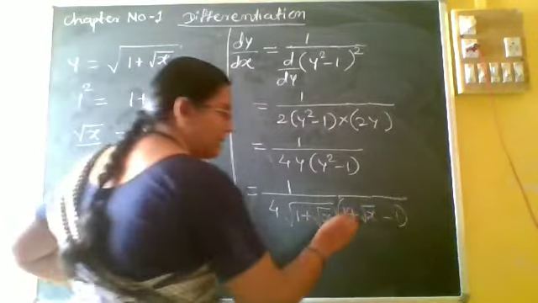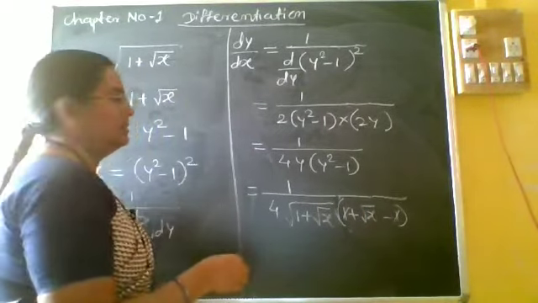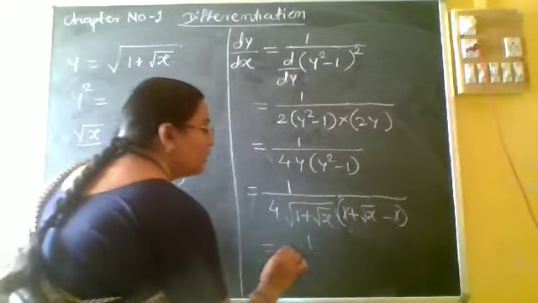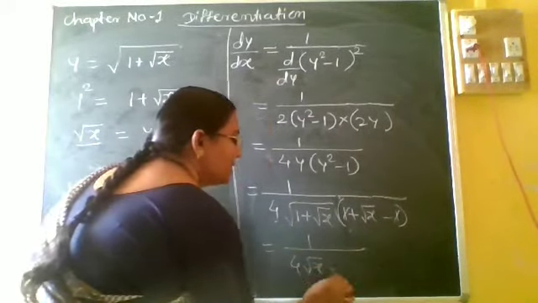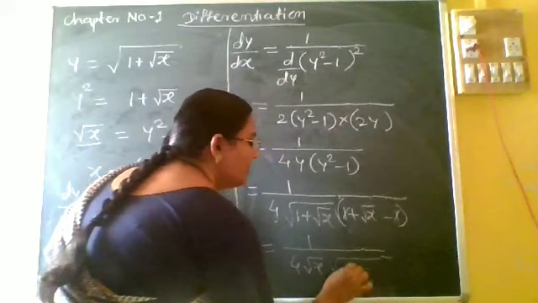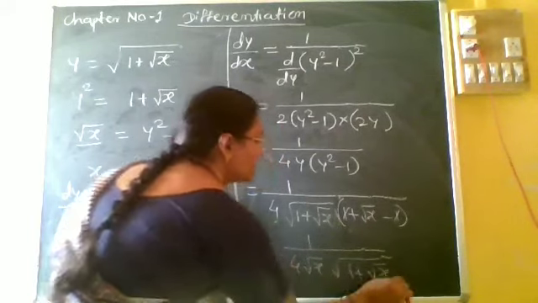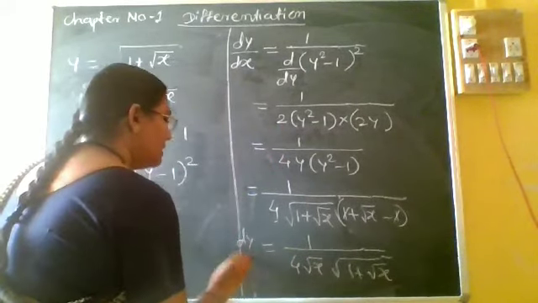This minus 1 and plus 1 get cancelled. By simplifying, we get 1 upon 4 root of x into root of 1 plus root of x, that is dy by dx.